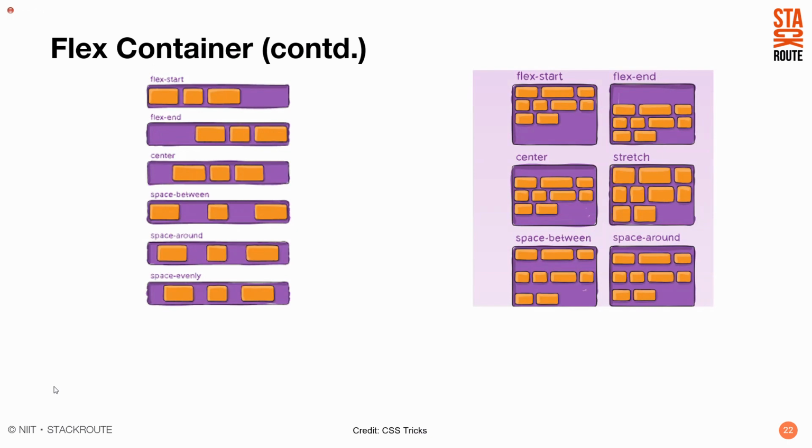Apart from that, we have a property called flex start, whether it has to start from the beginning, whether it has to start at the margin of 100, or otherwise the child elements to be available on center. Please look into all the properties. Flex start, flex end, center, space between, equivalent space between, space around beginning and end, evenly spaced across everywhere.